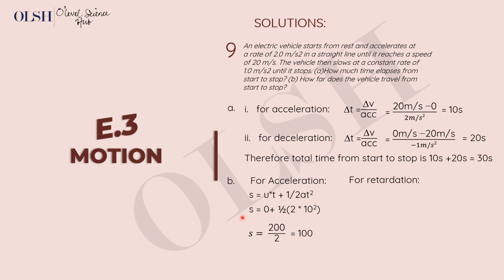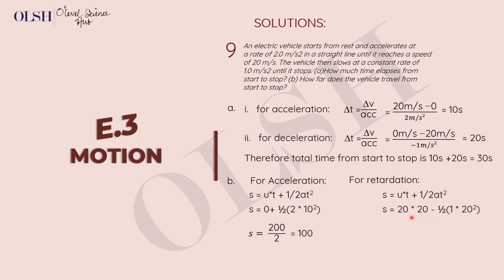For deceleration, we use the same formula, s equals ut plus half at squared. Of course, we know our initial velocity here is 20 meters per second. Our time interval for retardation is 20 seconds. Then we have acceleration here as minus 1 meters per second squared.